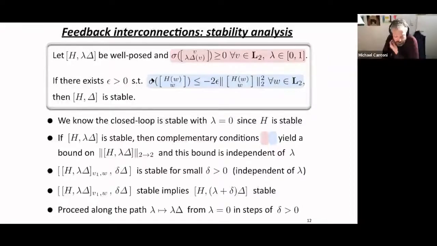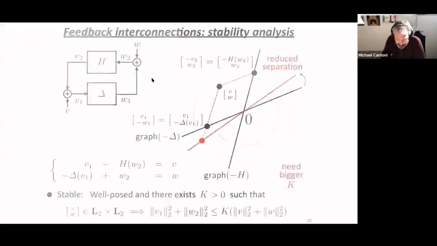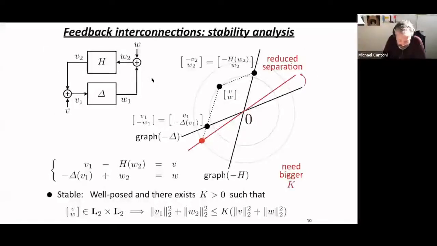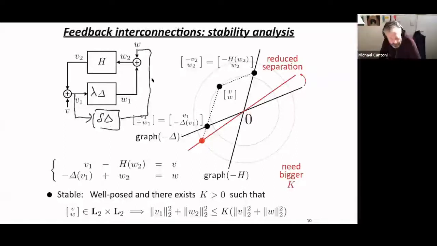Okay? Now, if we just look at part of this closed loop mapping, it's like saying, I'm going to look at this closed loop and I've got lambda here and I know everything's well behaved, okay, and what I'm going to do is add to that a delta, a small delta scaled version of big delta, okay?